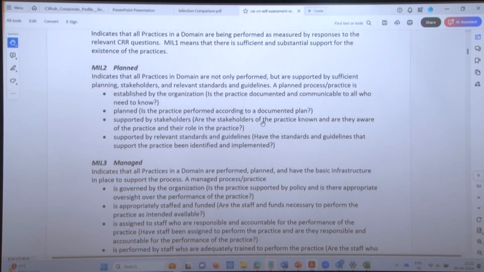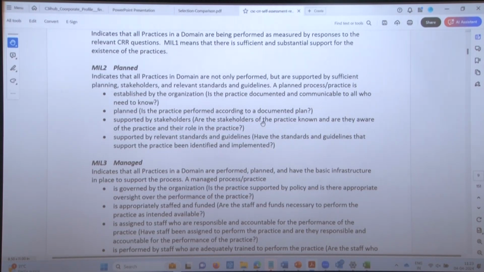It has to be supported by standards such as 27001 or guidelines like NIST, RBI, SEBI or some other guideline. So it has to have that support. If you have all this in addition to doing the practices, then you can get to MIL 2, that is planned.